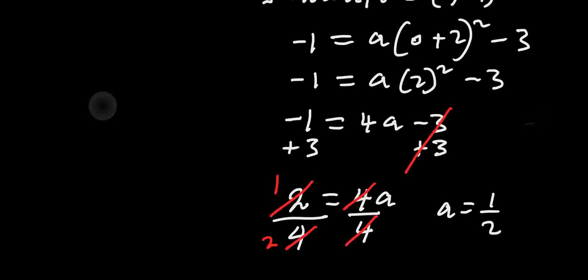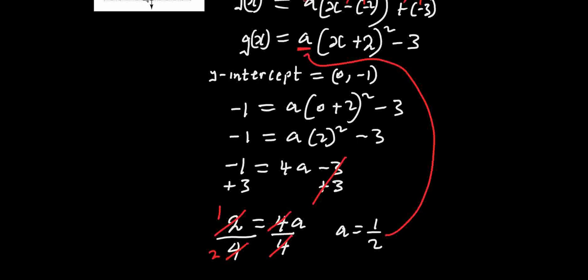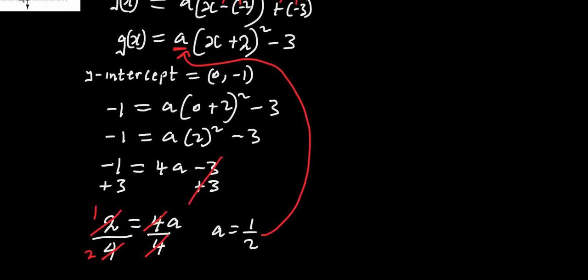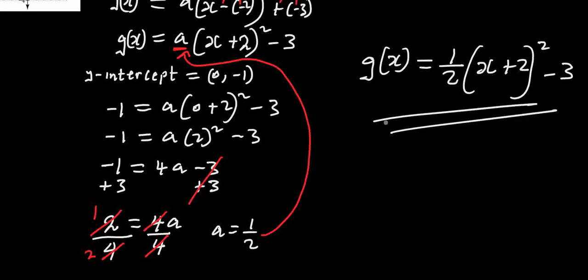At this point, we can now take this value of a and just plug it here. So g of x automatically becomes 1/2, open parenthesis, x plus 2 squared minus 3. So this is the answer to question A.